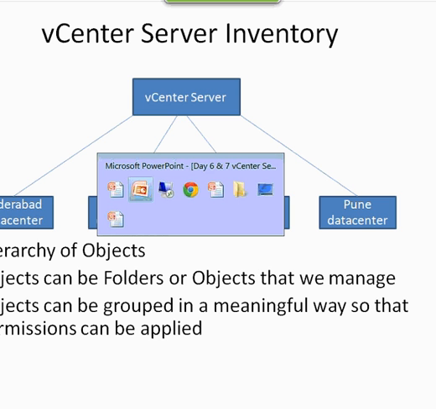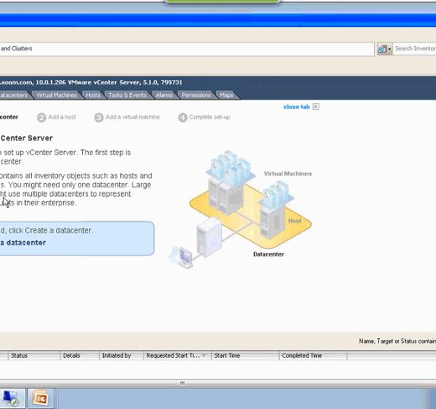What is the meaning of data center? Just have a look here, guys. A data center contains all inventory objects such as hosts and virtual machines, and you might need only one data center in your organization, but your organization may use multiple data centers to represent organizational units. So here a data center is similar to an organizational unit.